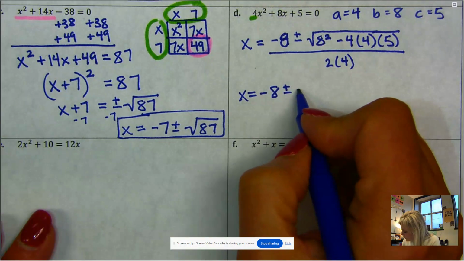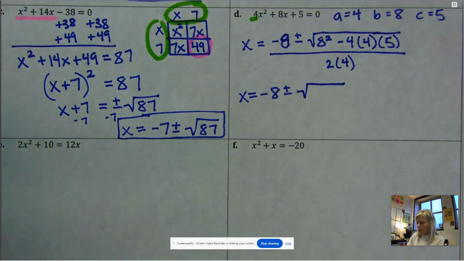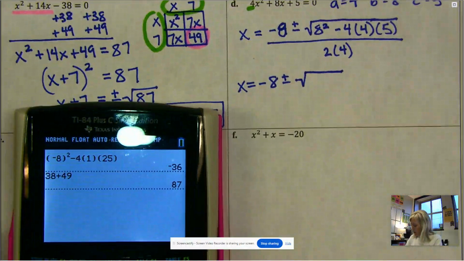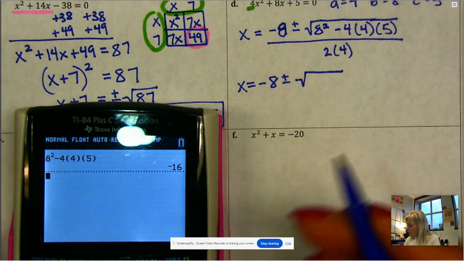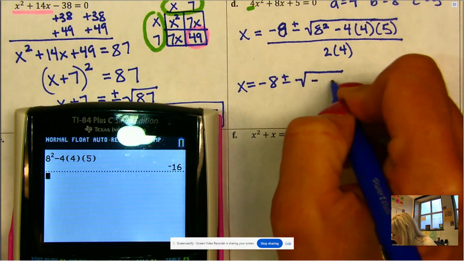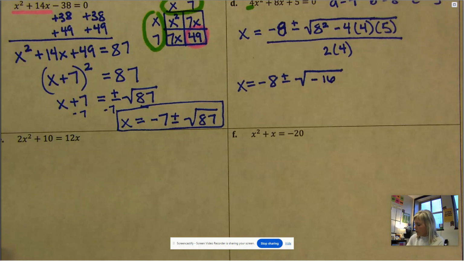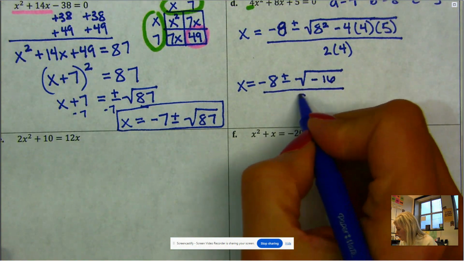I'm going to go ahead and put the square root symbol there, and then I'm going to calculate. There we go. I'm going to calculate 8 squared minus 4 times 4 times 5. Negative 16. Okay, we're going to have some complex solutions because we have the square root of a negative number over 2 times 4 is 8.